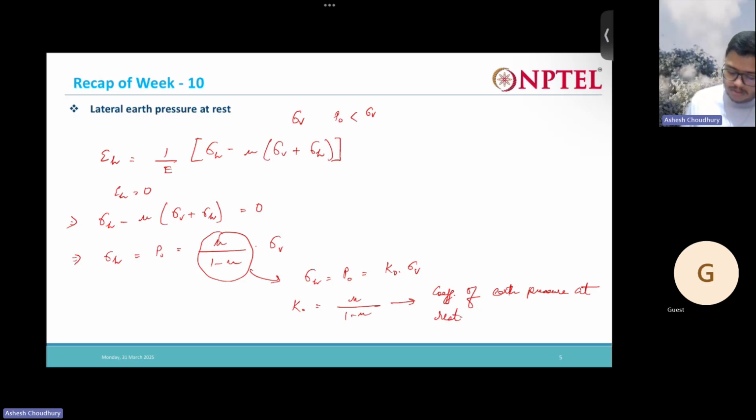Mu by 1 minus mu is derived from the Poisson's ratio, which is generally say 0.3, 0.35 maybe. So this will always be less than 1.